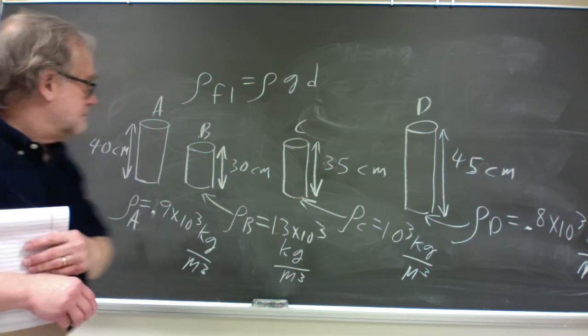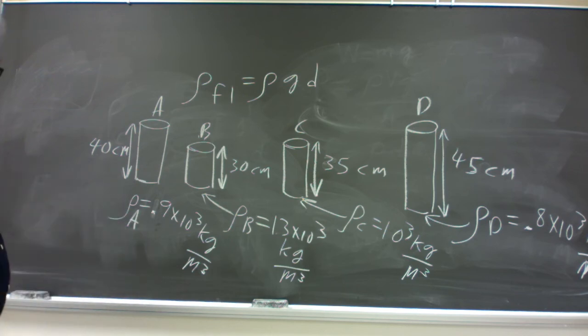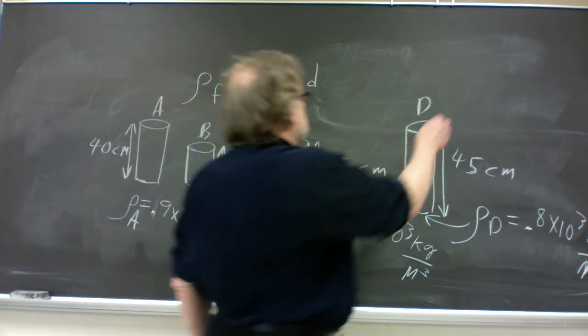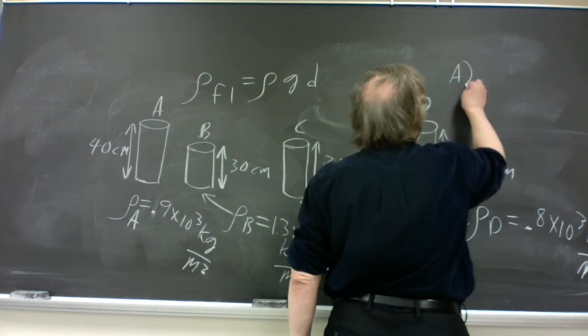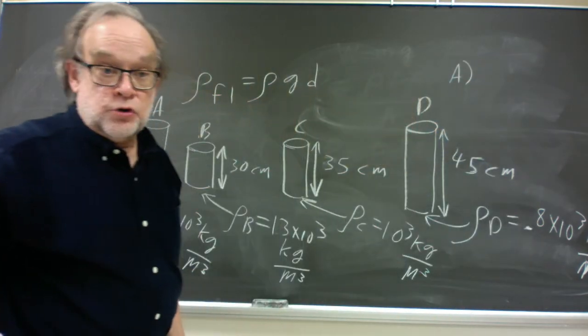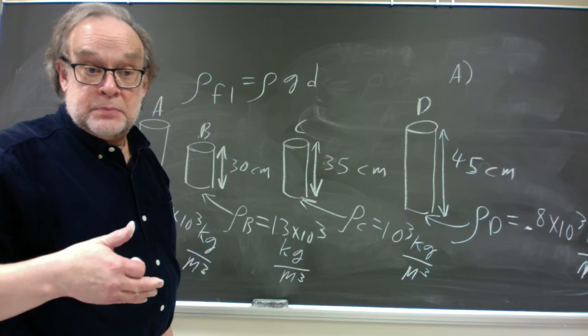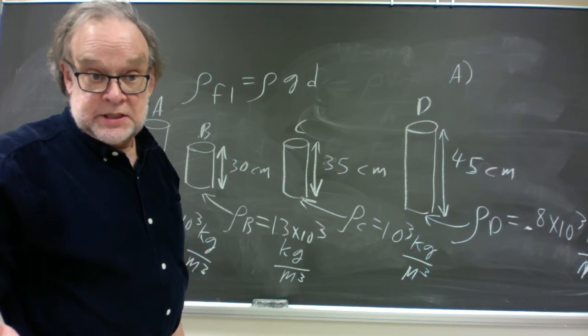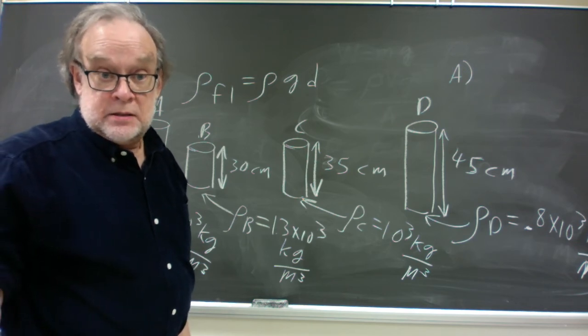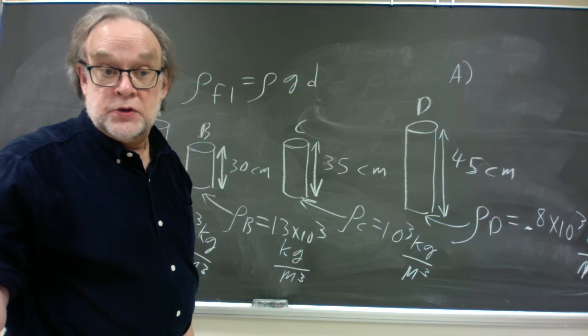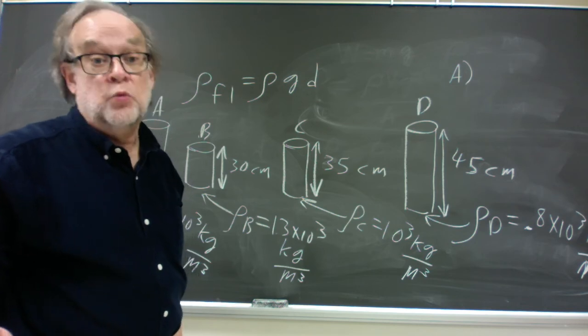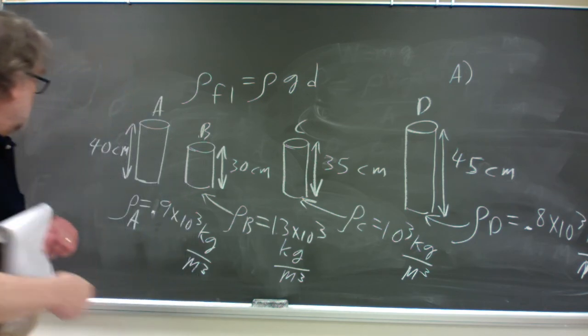So for fluid pressure in A, we're just taking depth times density, because the product of those two things is the only thing that will differ from one fluid to another.